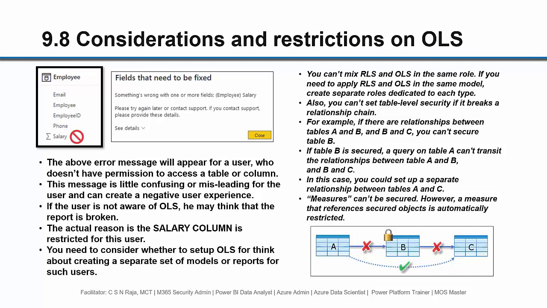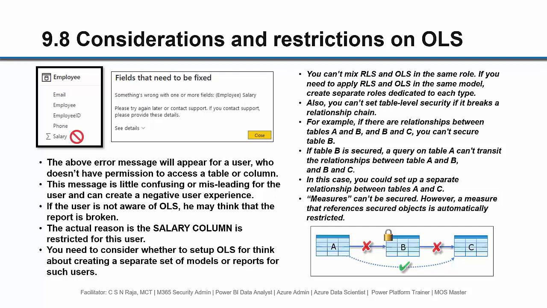Also, you cannot set table level security if it breaks a relationship chain. For example, if there are relationships between tables A and B and C, you cannot secure table B. If table B is secured, a query on table A cannot transit the relationships between tables A and B and C. In this case, you could set up a separate relationship between tables A and C.